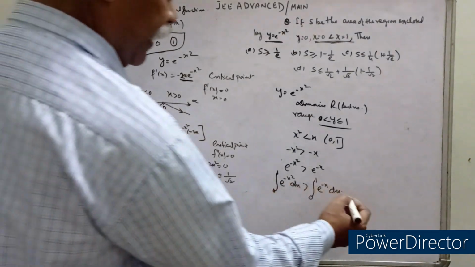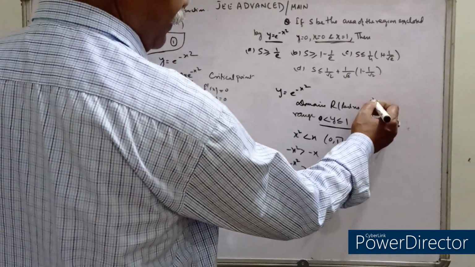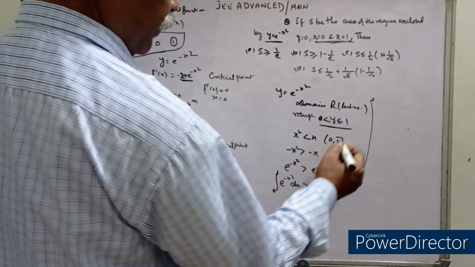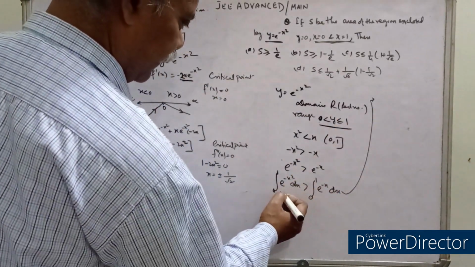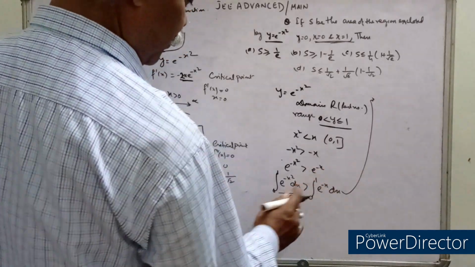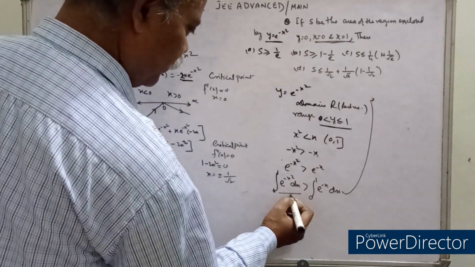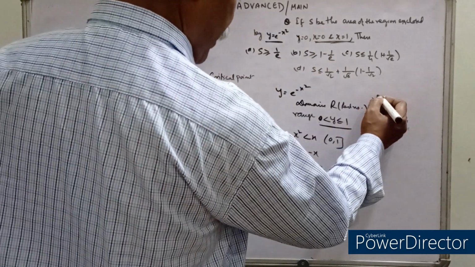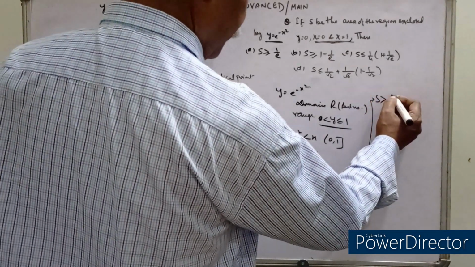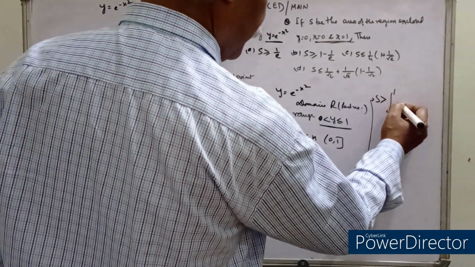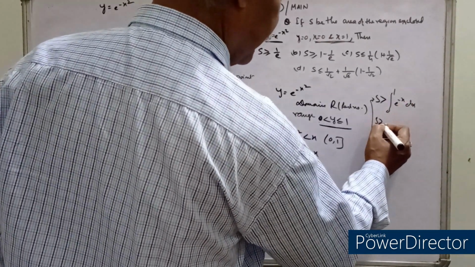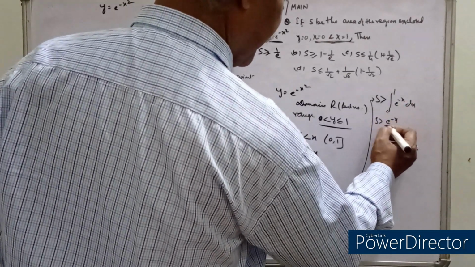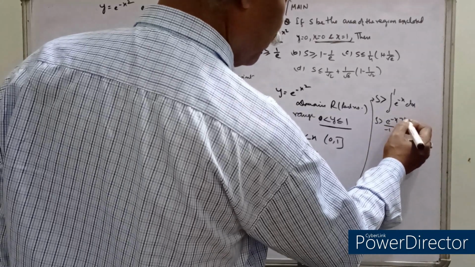So if we integrate this, what are you going to get? Let us take this as S, because it is given to you. So S will be greater than the integral from 0 to 1 of e to the power of minus x dx, and the integral of this is e to the power of minus x by minus 1, from 0 to 1.